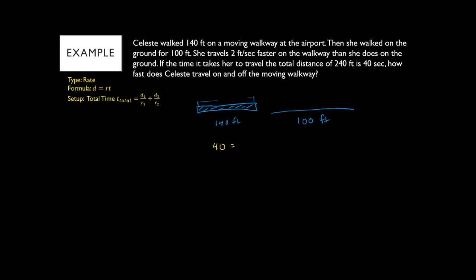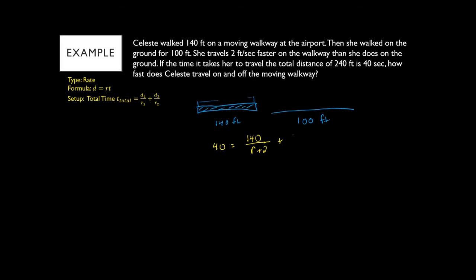So for the people mover, she's on it for 140 feet. So it's distance over rate, again, coming from that D equals RT. And we don't know the speed that she's on the people mover, but we know that it's 2 feet per second faster than on the ground. So I'm going to add 2 to that because it's faster than when she's just on regular ground.